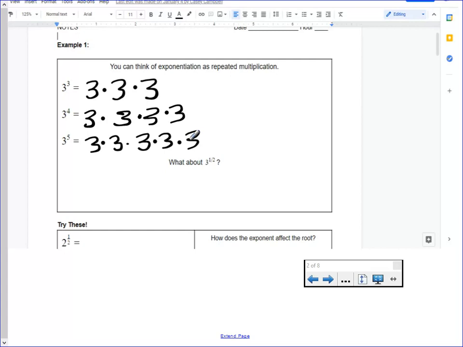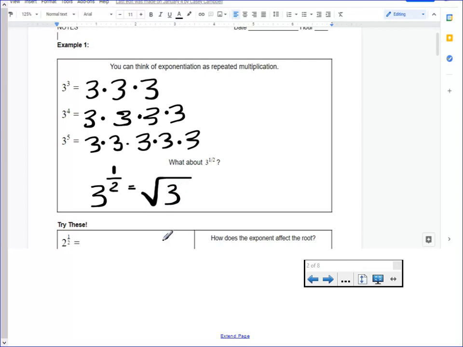But in Algebra 1, we start talking about what happens if you have a fraction as your exponent. So it says, what about 3 to the 1/2 power? I'm just going to show you really quick. 3 to the 1/2 power is the square root of 3.